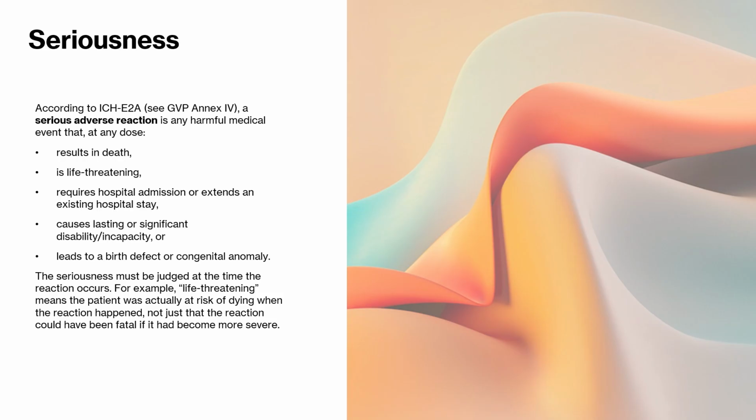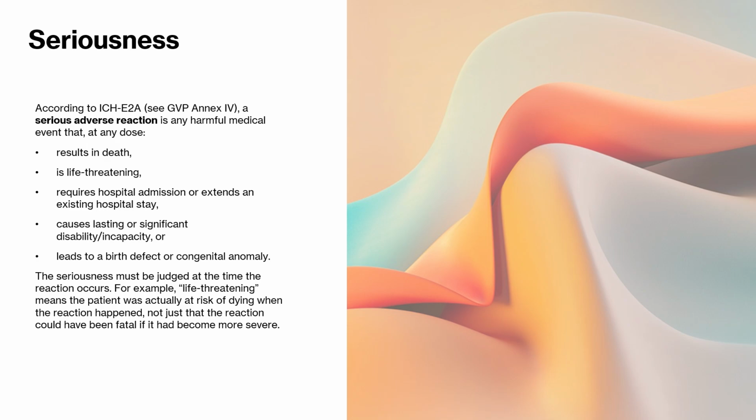The fourth one is causing lasting or significant disability or incapacity, which refers to, for example, a patient suffering from some kind of inability, maybe an inability to move the arm, and this lasts for a long time.